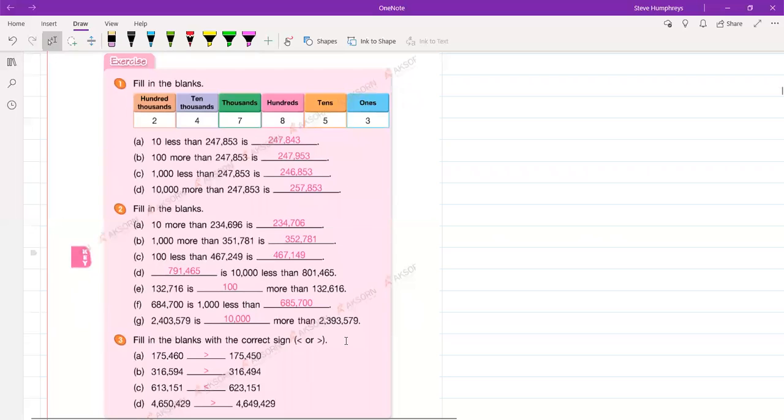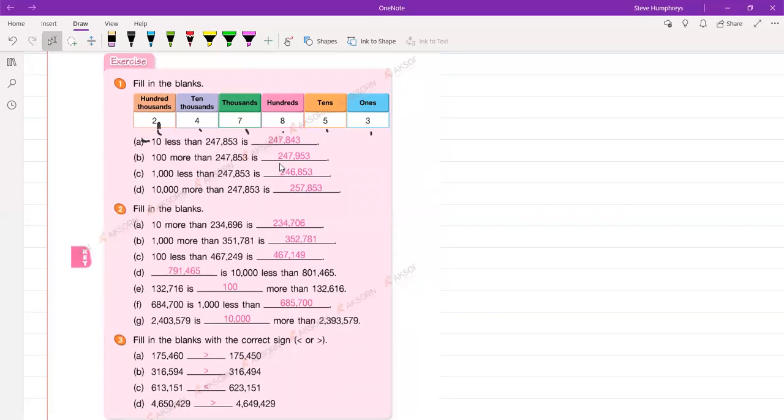And you can complete page 18. Number 1, your number here is 247,853. So they're using the same number in all 4 examples. 10 less than, subtract 10.